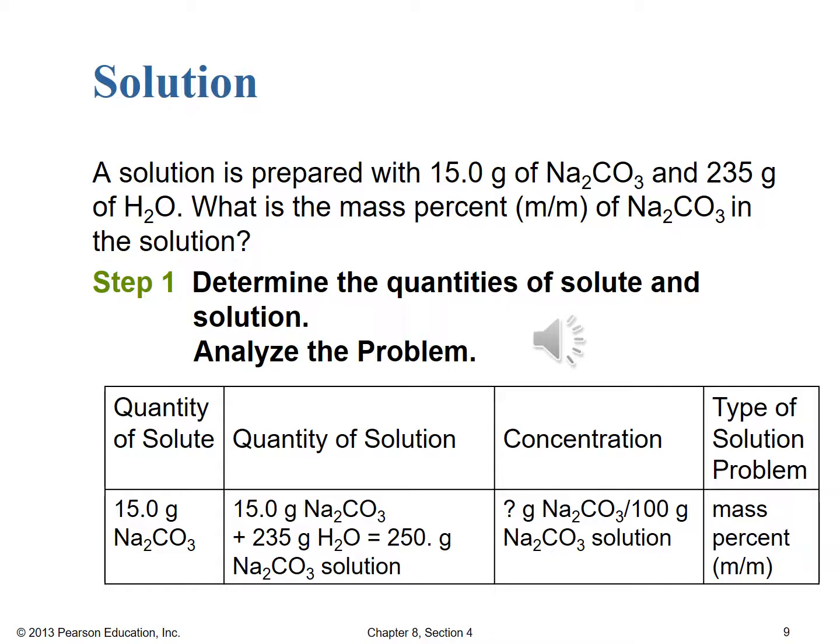We should really have a decimal point there because that 0 is significant. Our addition rule tells us that we add numbers in such a way that our result has the same place value of significance as our least significant, the ones place here for the water. So that's our problem. We know that we need that mass percent, the grams of sodium carbonate per 100 grams of solution, and it's obviously a mass per mass problem.